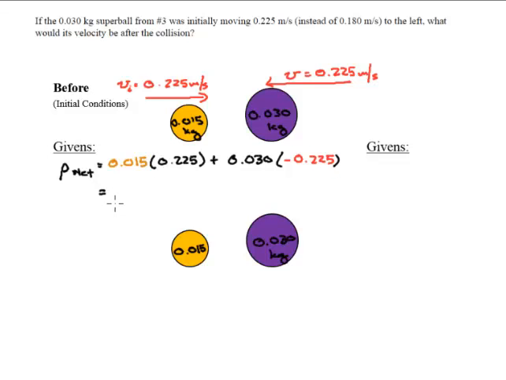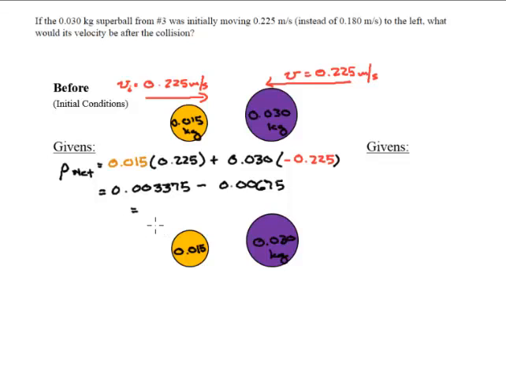And so the beginning of this is going to appear exactly as the problem before it, but when you do this math, you get negative 0.00675.